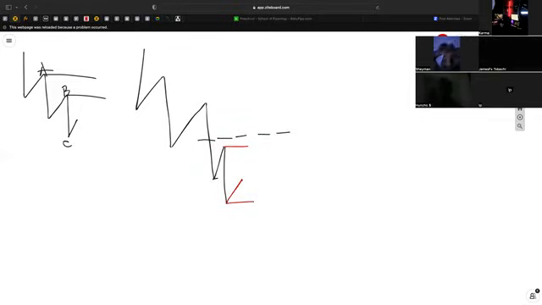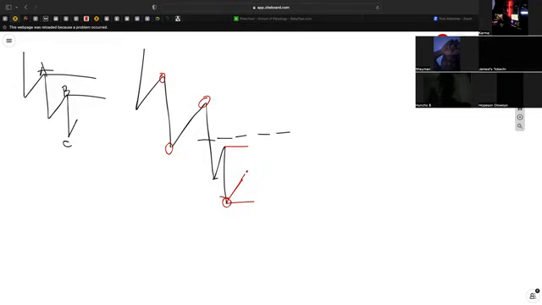So being an incomplete pullback, what does that mean? I want you guys to listen attentively. If you want to count this structure, instead of counting it like this, high, low, high, low, high, low, that is totally wrong, because this move has not fulfilled its purpose as a retracement. That tells you our structure still remains high, low, high, low.